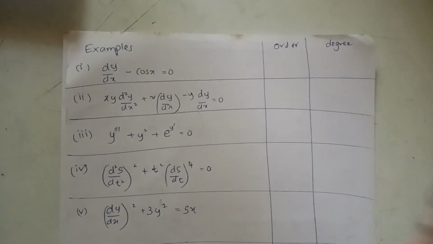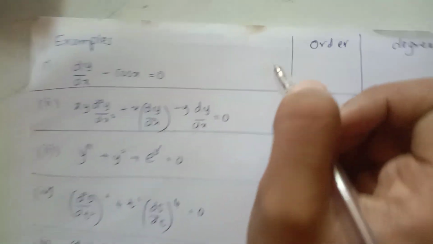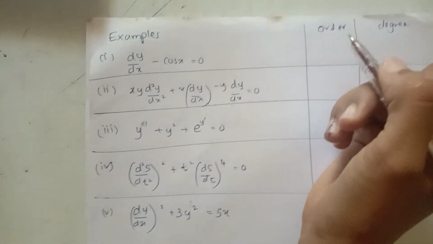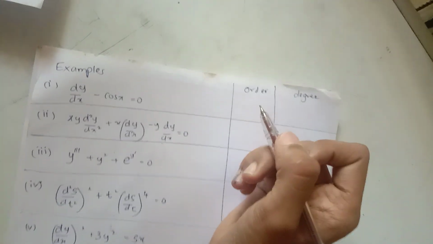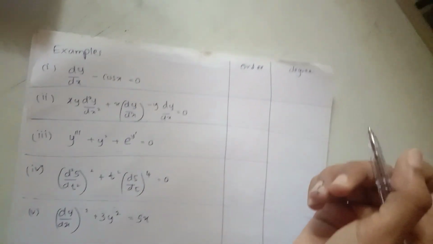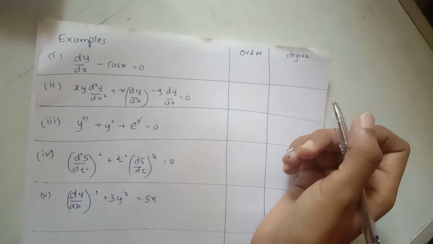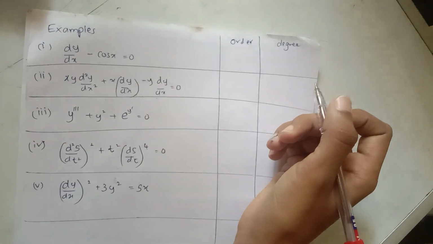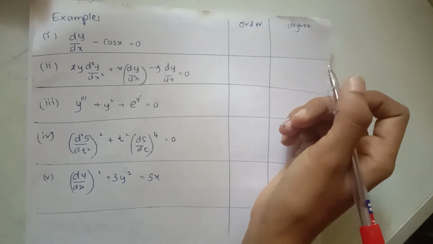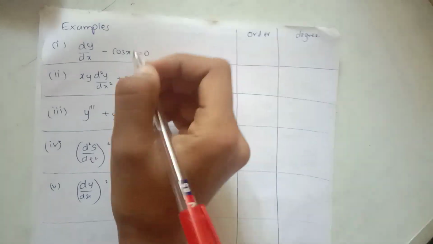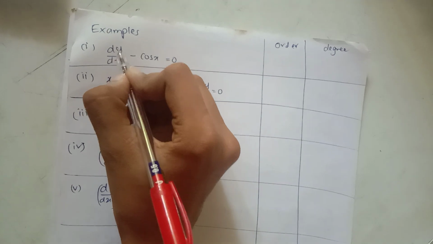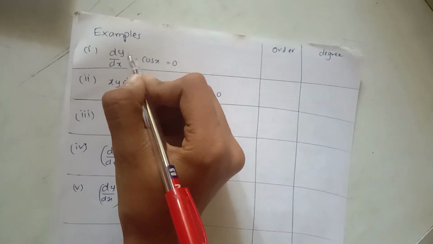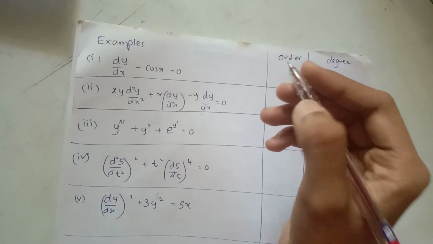So to practice, let's consider these 5 examples and practice order and degree. In the first example, what is the order? This is dy over dx, which means the first derivative of y.